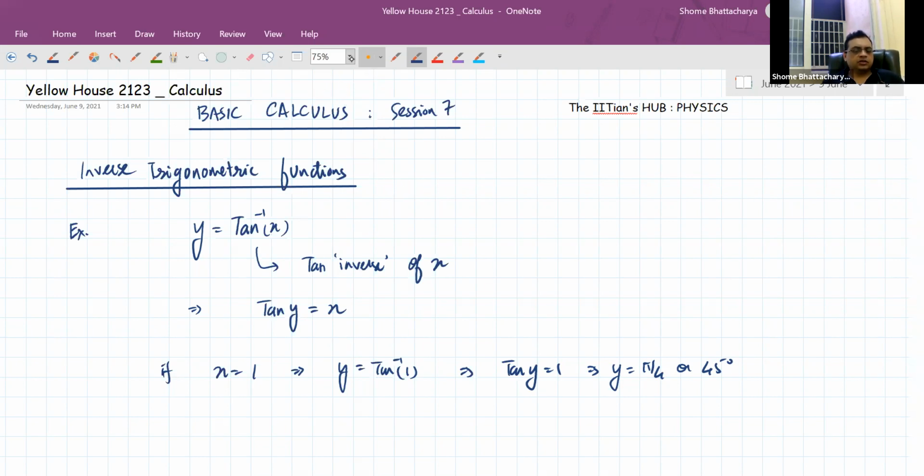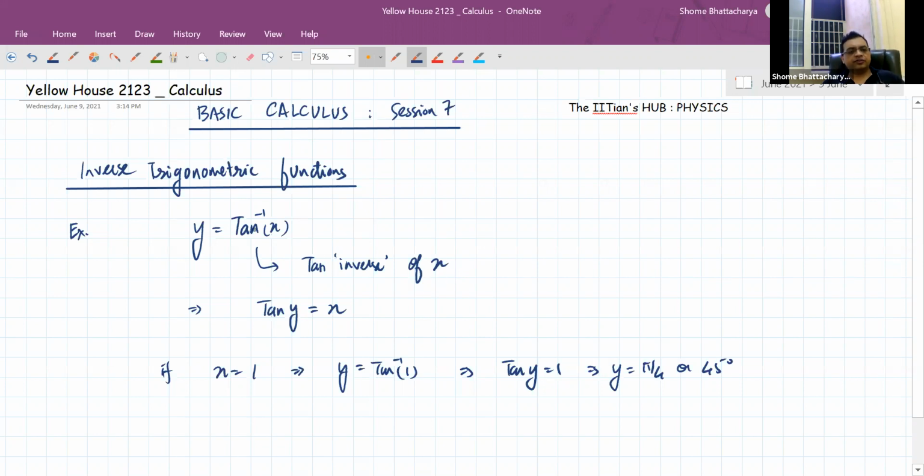The only thing you have to take care of here is that since we are talking about functions and y is a dependent variable, it should give a unique value of y, which means we take only the primary solution. Trigonometrically speaking, you know that tan y equal to 1 will give you multiple solutions. It will give you pi by 4 and 5 pi by 4, and then repeated multiples of that. So the general solution is 2n pi plus pi by 4 and (2n plus 1) pi plus pi by 4. But the primary solution is pi by 4.